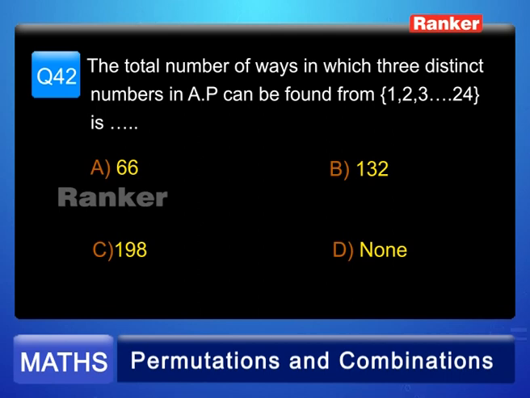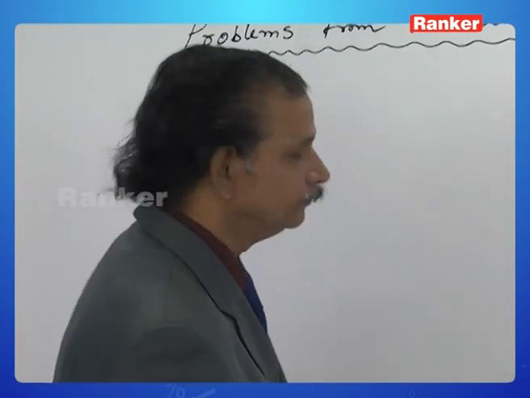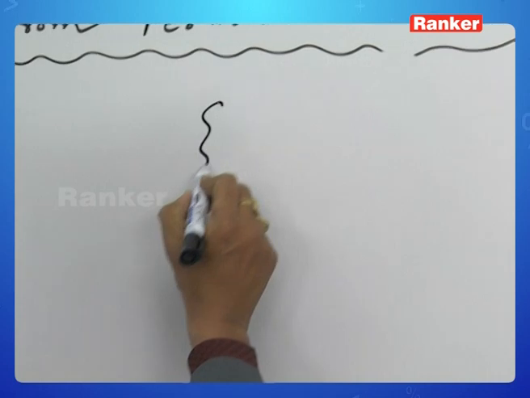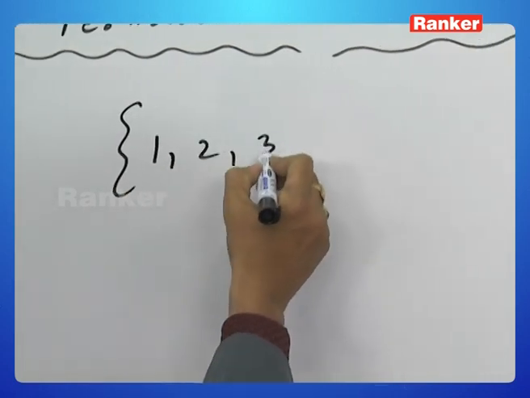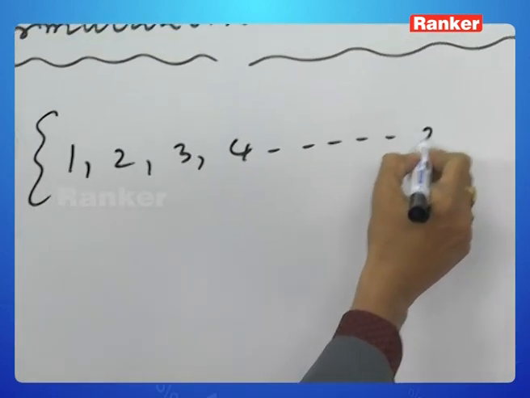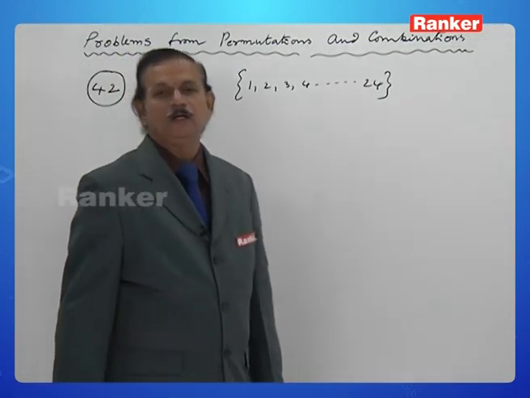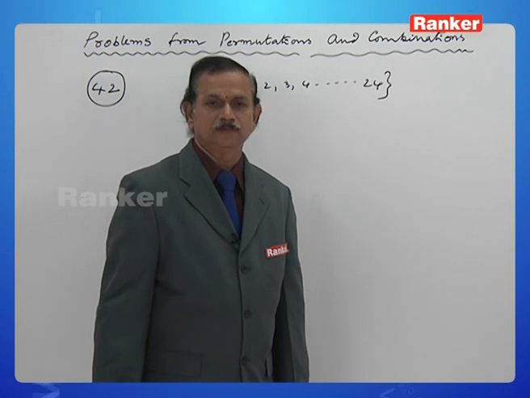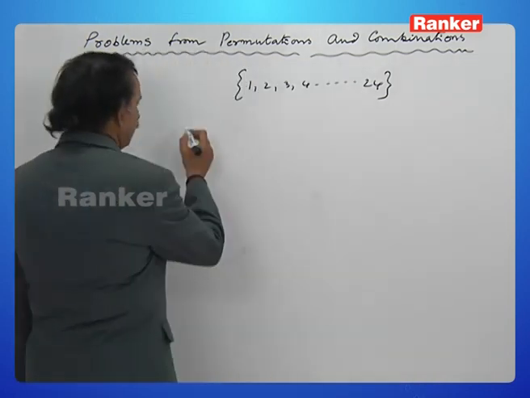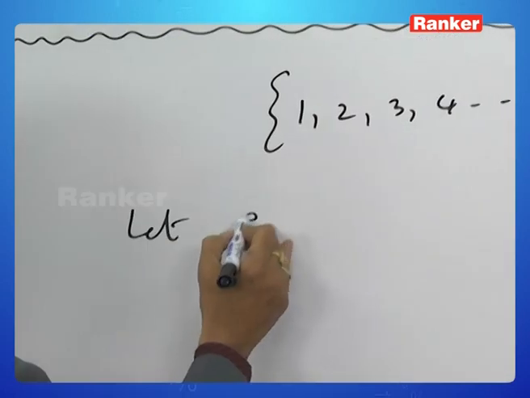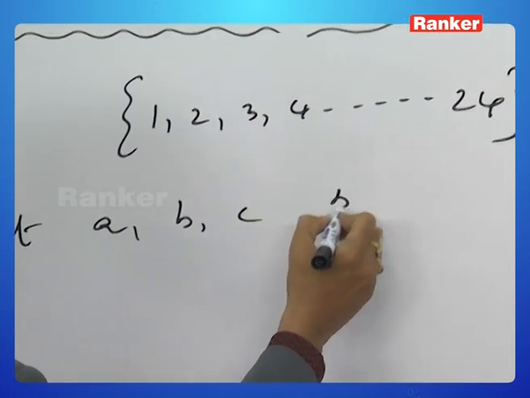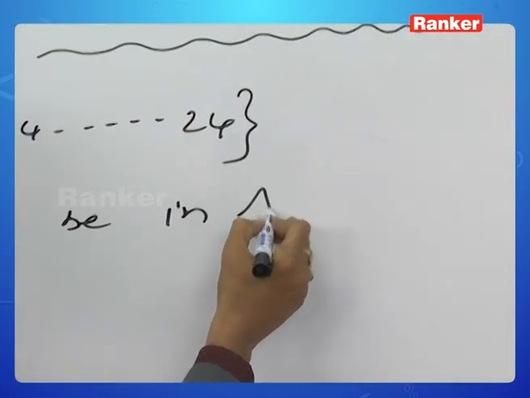Let us examine which option is the right option. Well, what is the set given? 1, 2, 3, 4, etc. up to 24. Okay, let A, B, C be in AP.